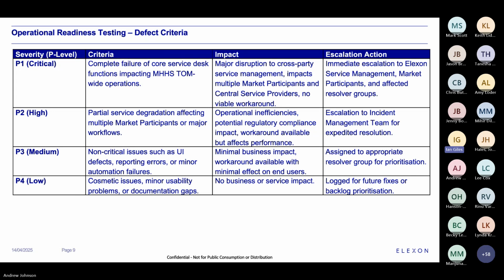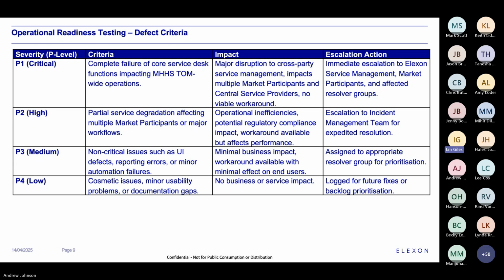This again is in the consultation document, but it defines the criteria and impacts that we will use to assess the severity of any defects raised, from P1, P2, P3, and P4. P4 will mainly be cosmetic issues, questions with the actual process that we need to document, or documentation gaps in the operations manual.